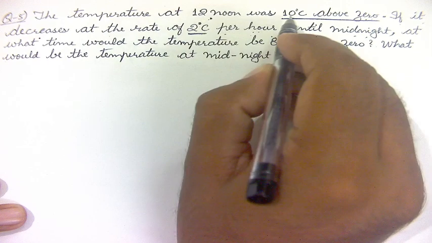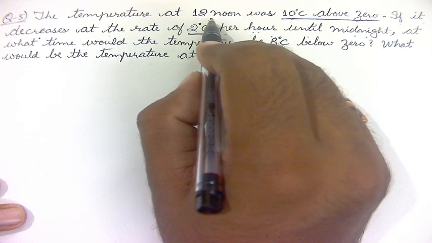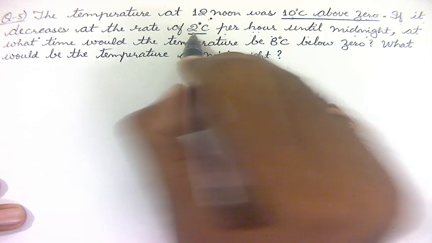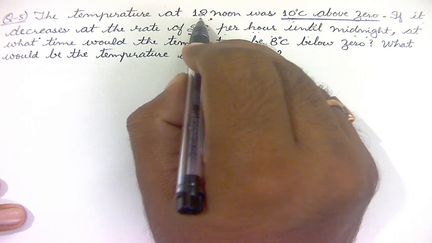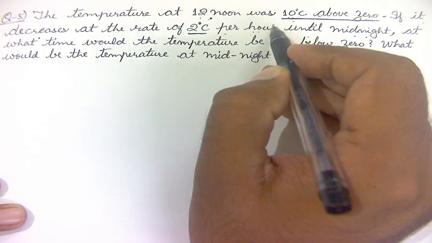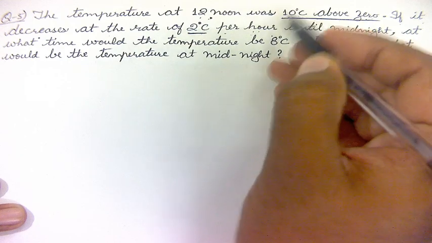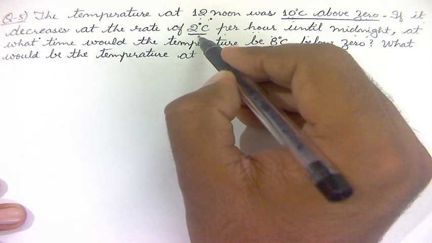At 12 noon, if it is 10 degrees, then at 1 p.m., that is 1 in the afternoon, it will be less by 2, means 10 minus 2, it becomes 8. Then at 2 p.m., 8 minus 2, it becomes 6. So every hour 2 degrees Celsius is being decreased.